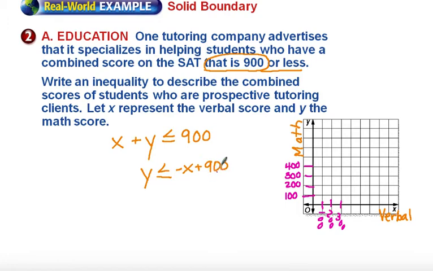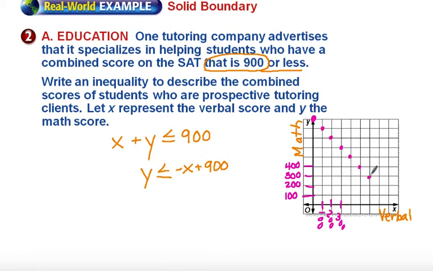So I'm going to start at the beginning, and I'm going to find 900. So I have 1, 2, 3, 4, 5, 6, 7, 8, 900. And I'm going to have a slope of -1. So since I counted by 100s in both areas, I can go down 1 over 1.